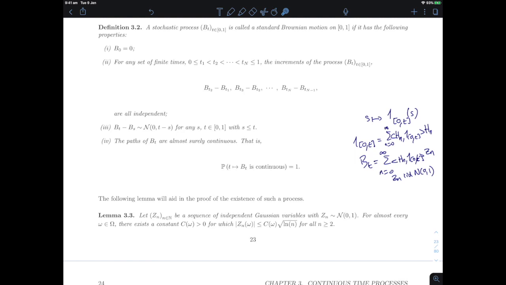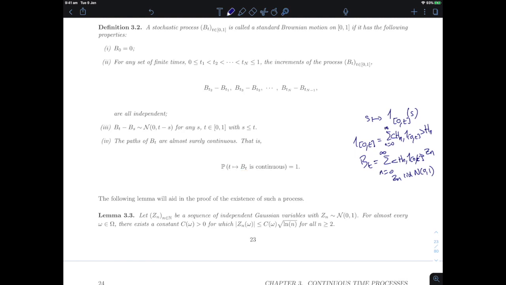Now, one of the key properties is that we're going to ask for almost sure continuity of the path of the Brownian. It takes a bit of time to understand what that means. Remember that for every t, B_t is itself a random variable.